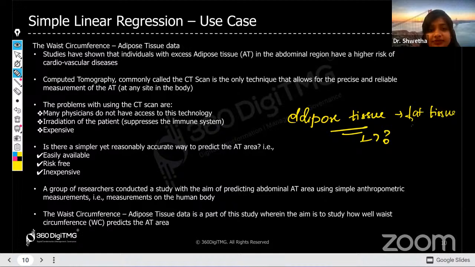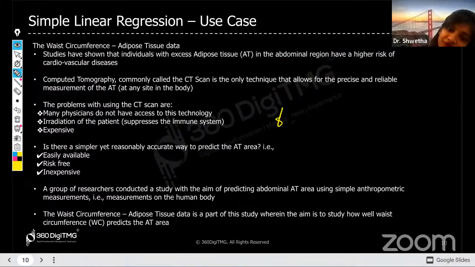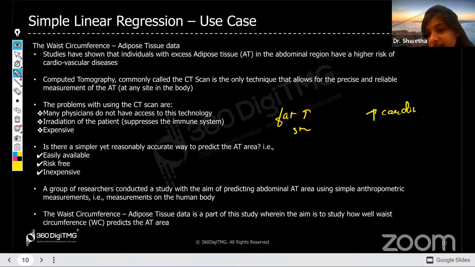Studies have found that people with excess adipose tissue, mainly in the abdominal region, the stomach area, had a higher risk of developing cardiovascular diseases. Meaning, if the fat tissue in the stomach area was high, then there was an increased risk of cardiovascular disease. What are cardiovascular diseases? Nothing but heart diseases.